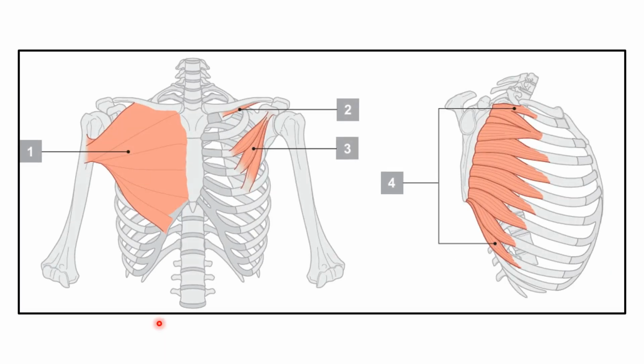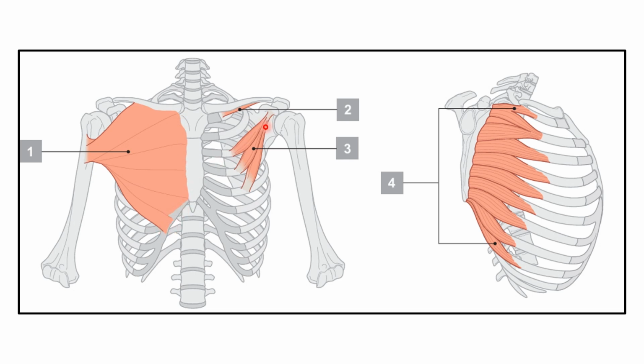Okay, you can see this is the pectoralis major muscle, this is the pectoralis minor muscle, this is subclavius and this is serratus anterior. Pectoralis major originates from the medial half of the clavicle, the anterior border and margin of the sternum and the sternocostal cartilage.